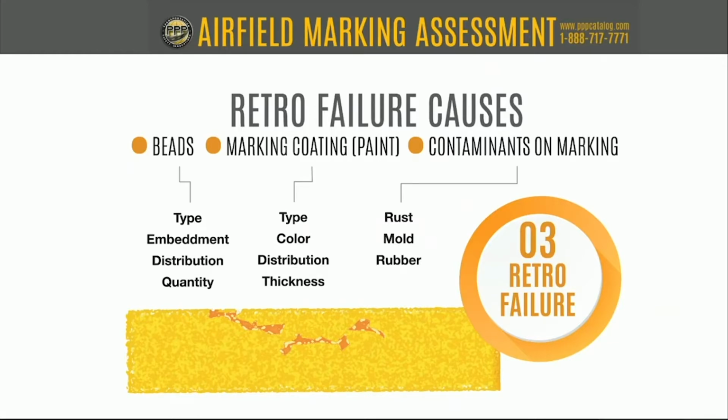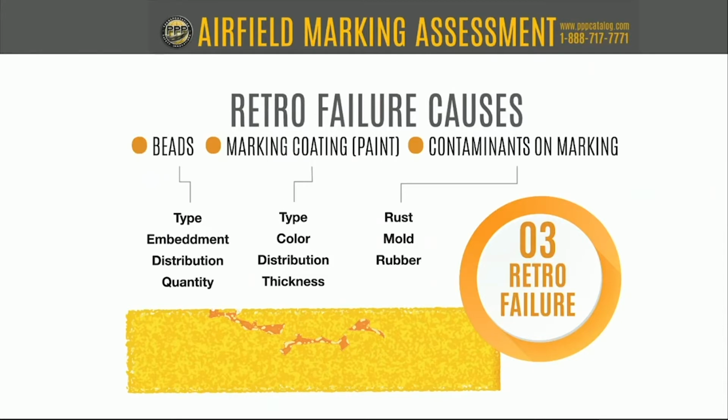We measured them after, and we increased the retro by 50%. So let's say you were at 100 millicandelas, we were then closer to 150 millicandelas after just cleaning, not repainting, just cleaning. So the contaminants on a marking can absolutely affect retro values.